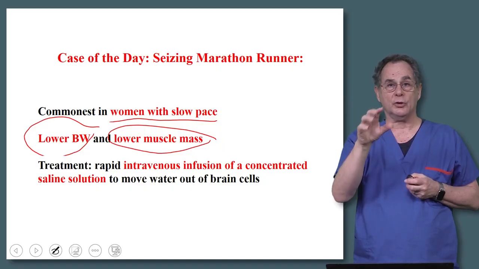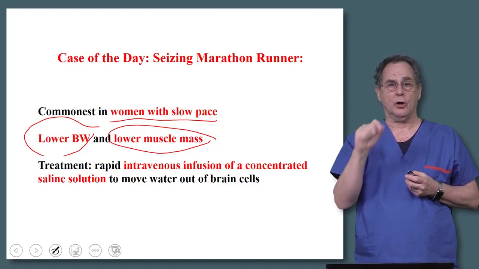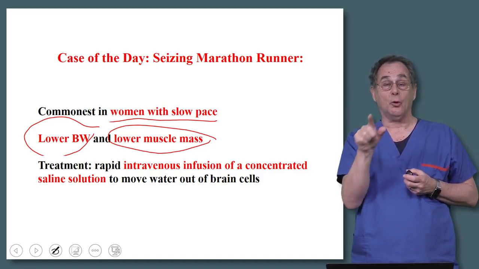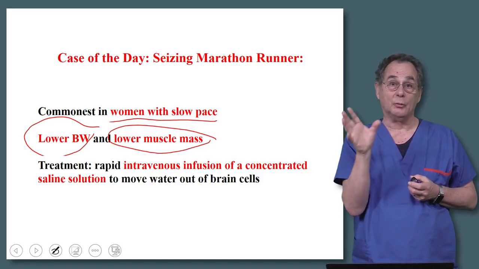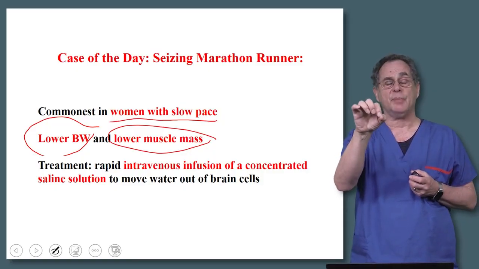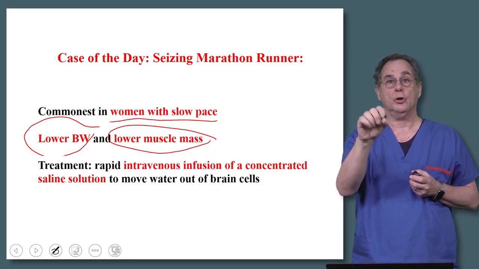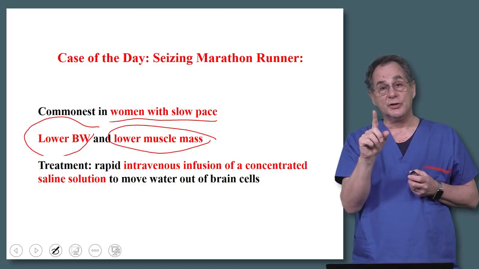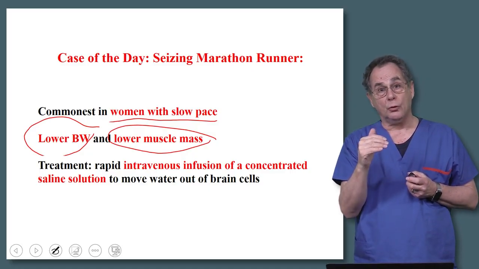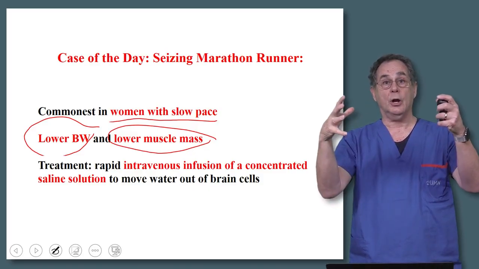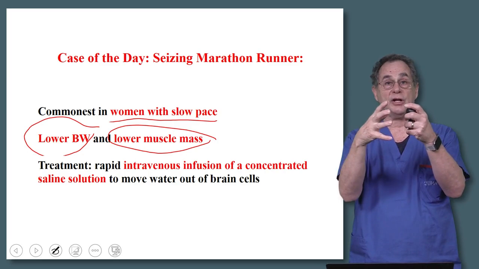Well, the treatment they would do is a rapid infusion of concentrated saline. And you can imagine, what does that do? Well, if you go back to the second slide that we looked at with the red blood cells, if you now load her extracellular space with sodium, you raise the osmolality. That increase in osmolality will serve to pull water out of the cells. And as you pull water out of cells, the volume in that cell will decrease.